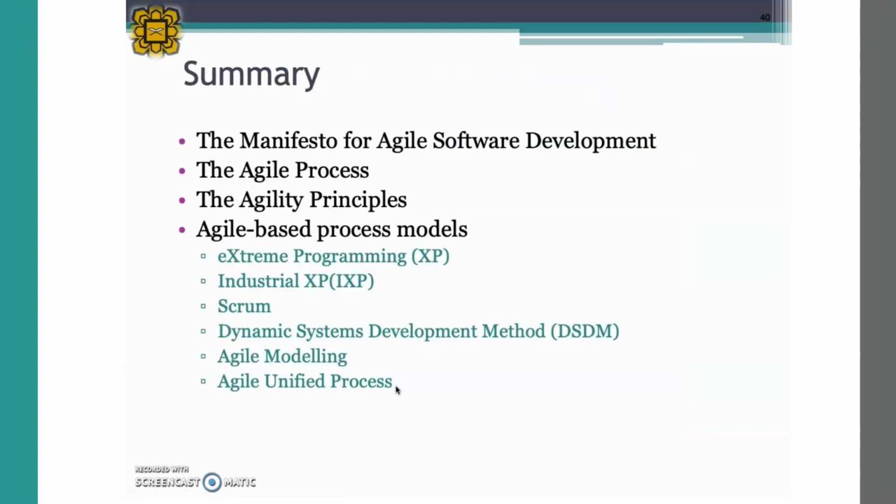So we have seen the manifesto, the Agile process, the principles, and some of the Agile-based process models. Actually, there are many more Agile-based process models, which you can also use for the exercise, as examples of process models.